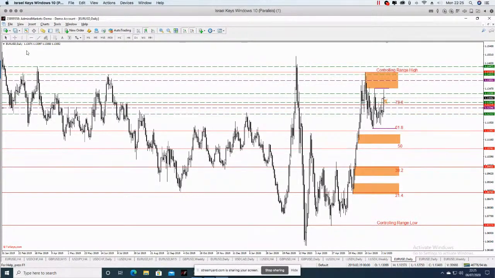It's nothing special, just highs and lows on a daily chart, right? Highs and lows on a daily chart. That's close. I'm not going to add that. This one's close. I'm not going to add that.